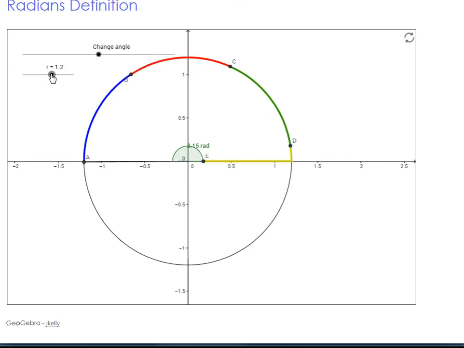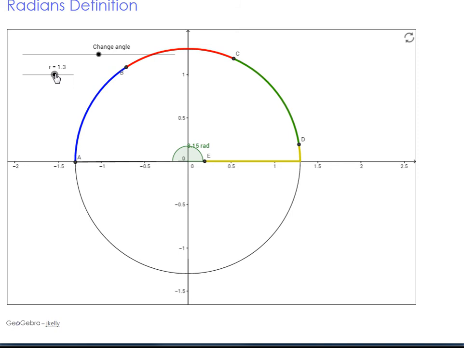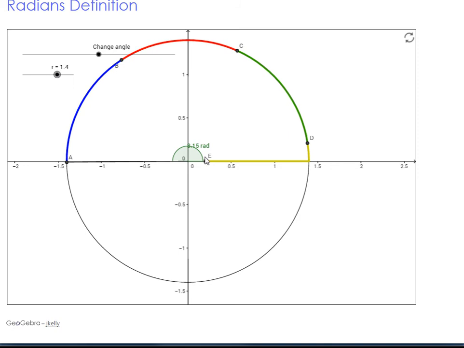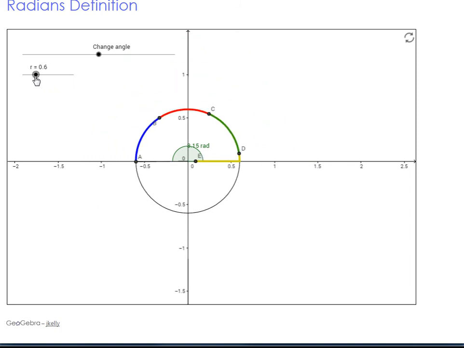But if I change the radius of the circle to 1.2 or 1.3, I can still see that my angle is still about pi radians for 180 degrees. And likewise, if I make the radius smaller than 1, I can still see that if I go halfway around the circle, I'm still 180 degrees and it's still pi radians.